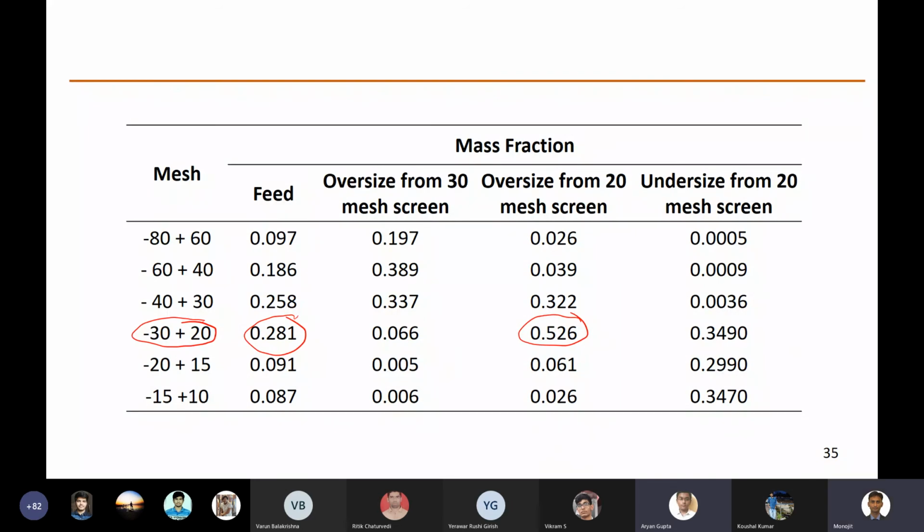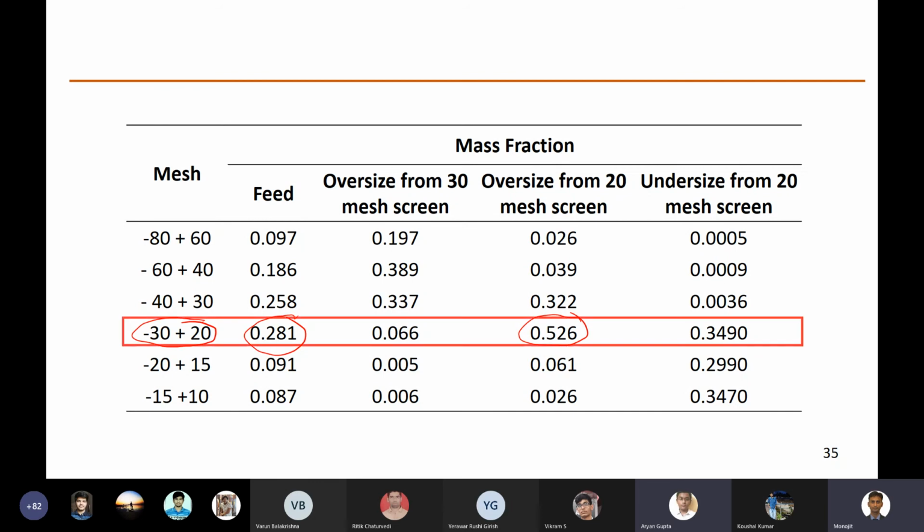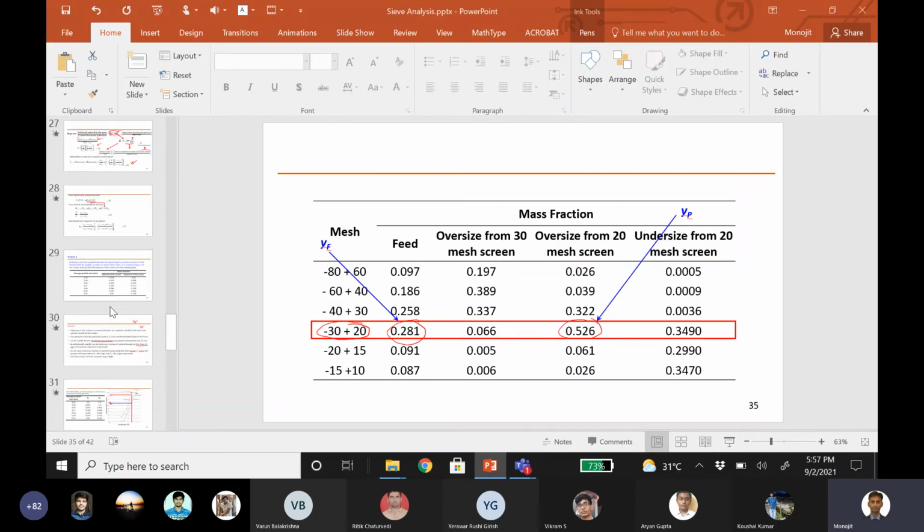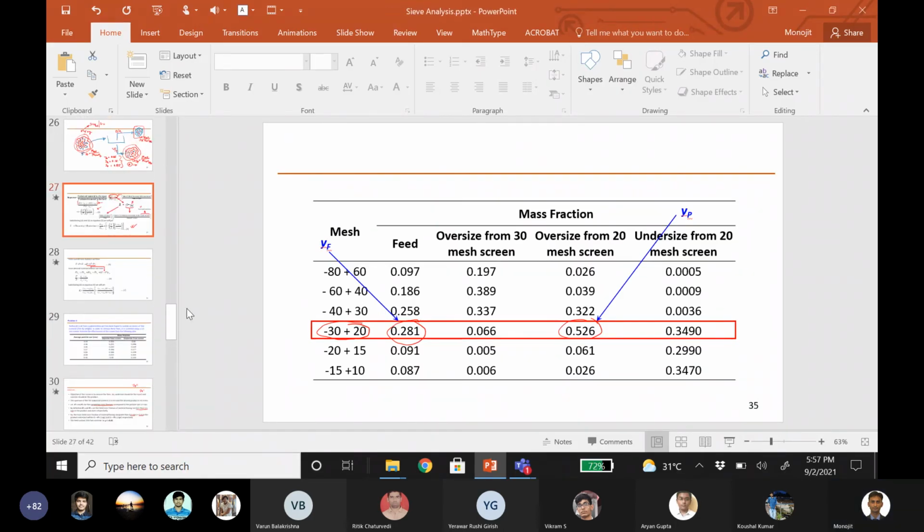So the good part of this problem is that we don't need yr here. Only using these two values we can solve it, because we will be using the other information. We agreed that this is yf and this is yp. Now we can directly use this formula, equation 4, to solve this specific problem.